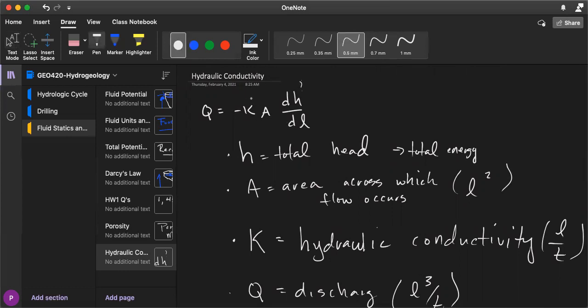And my fudge factor here is this K, hydraulic conductivity. And he was doing the experiment for water, all right? So hydraulic conductivity is specific to water. Now there's all kinds of other fluids that move through media. Air does it, oil and gas do it, helium does it. All kinds of things have to move or can move through porous media.